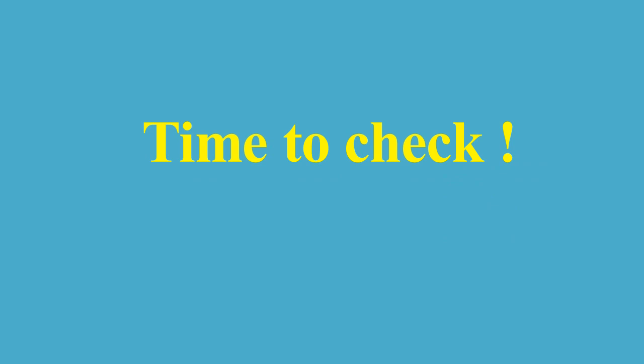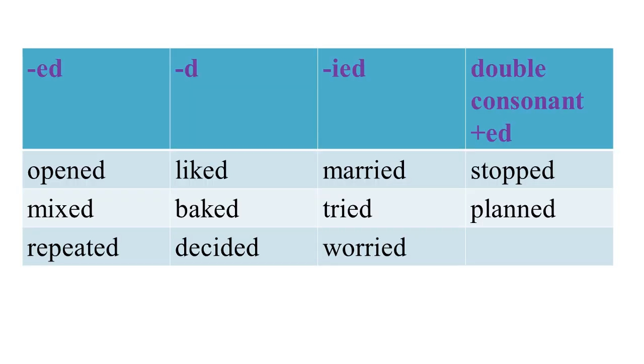And now it's time to check. I hope you have finished this exercise and let us check it. So, these are the keys. In the first column with just ed ending, we may see the verbs opened, mixed and repeated. In the second column, we can see the verbs liked, baked and decided.